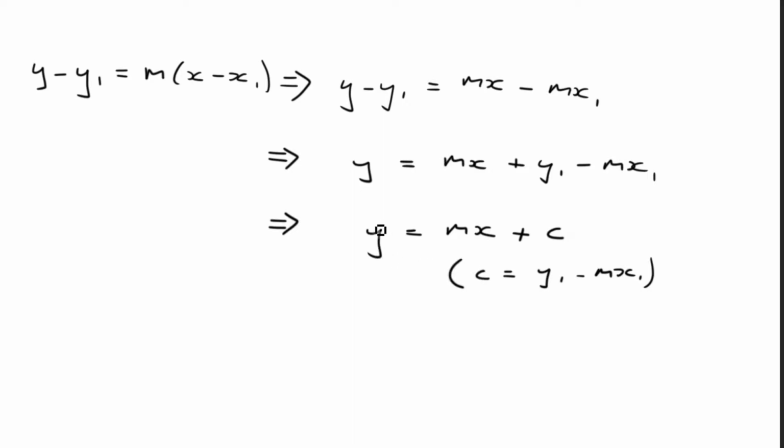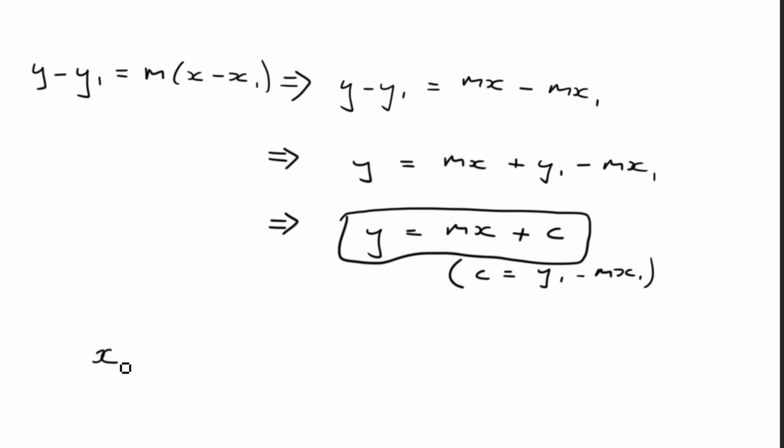So we now have a new way of looking at the equation of a straight line, which is one which will be a bit more conventional to you. And we already know that m is the gradient of the line. That's what we used in the first place. What is this value c? Well, if we put the value of x, which of course could be any point on the line, if we put in a value of x of 0, then we'll get that y is m times 0 plus c, which of course means that the value of y is c.